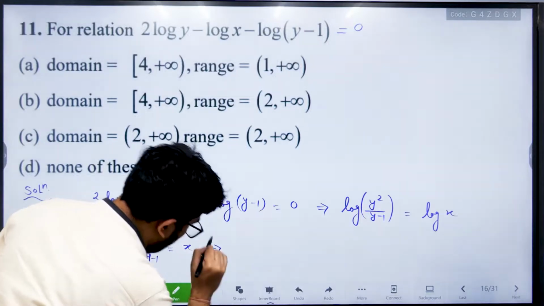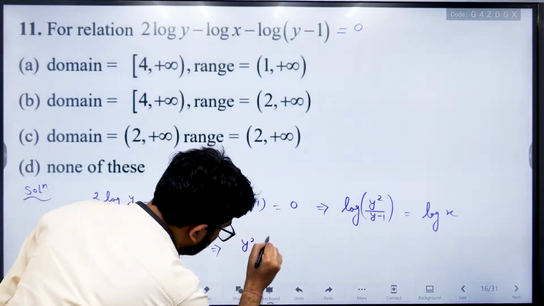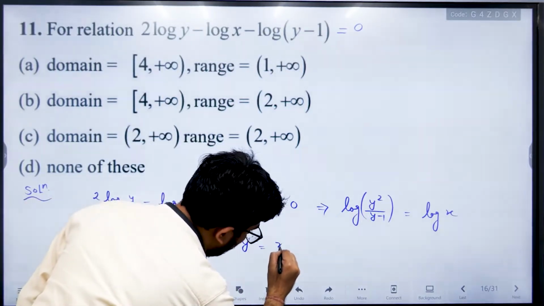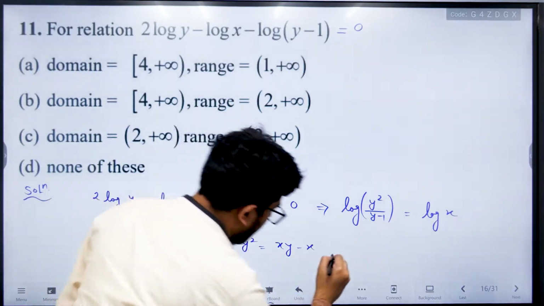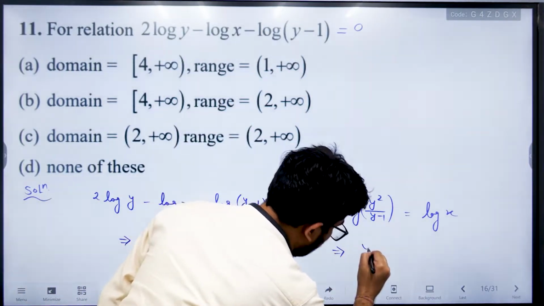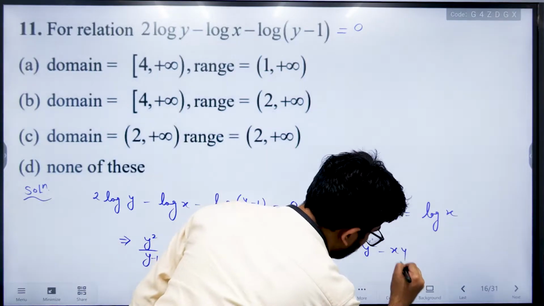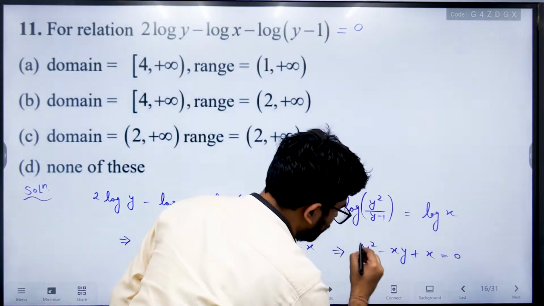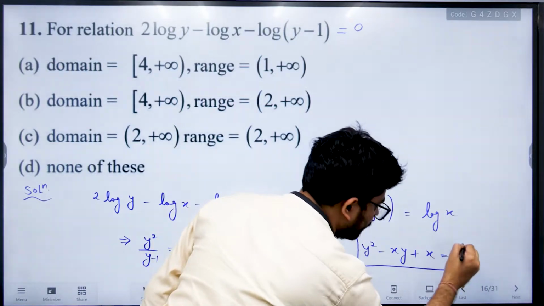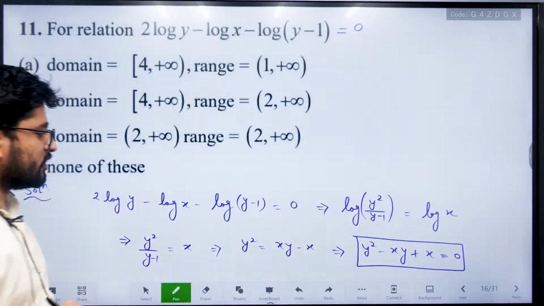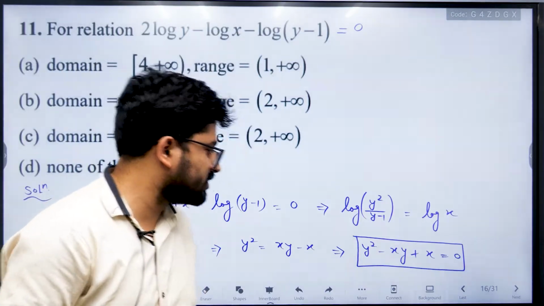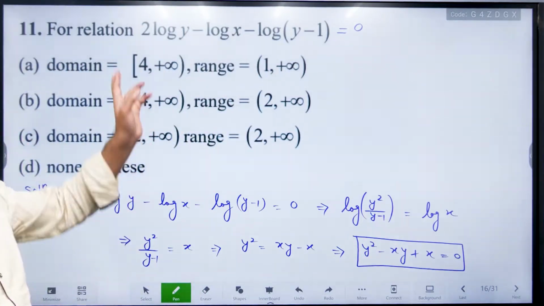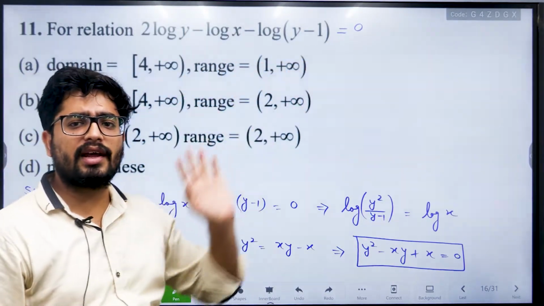When you simplify, you can say y square is equal to xy minus x, and from here you can say y square minus xy plus x is equal to 0. This thing, y square minus xy plus x is equal to 0, and we know x and y are real numbers.